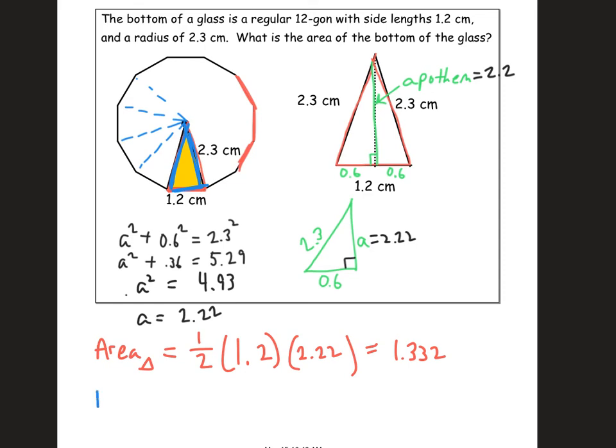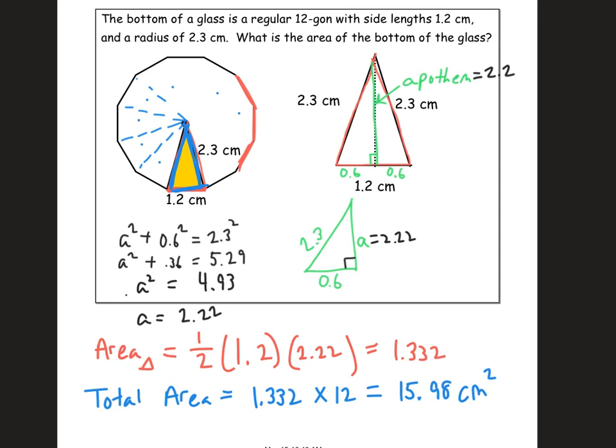So for the total area of the entire 12-gon, we multiply the 1.332 by 12 because there are 12 triangles all the way around. When we do that, we get a final answer of 15.98 centimeters squared.